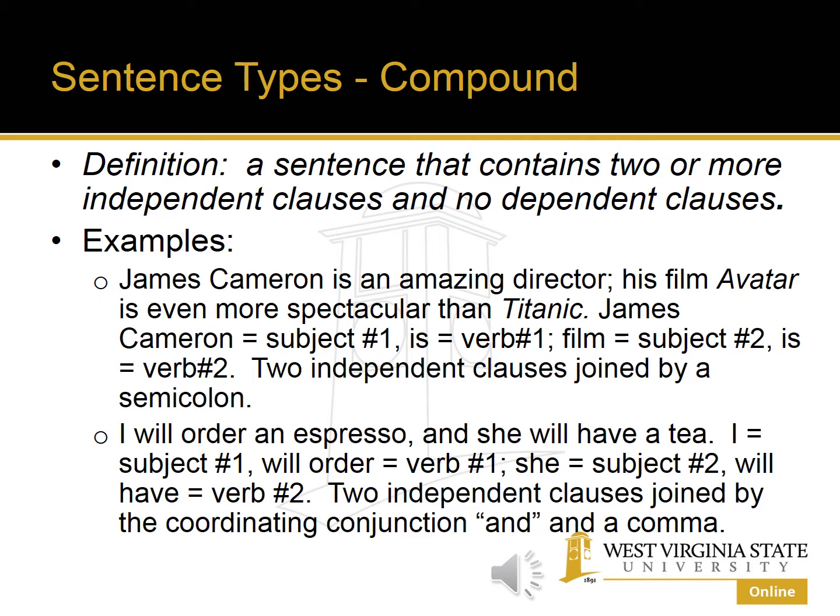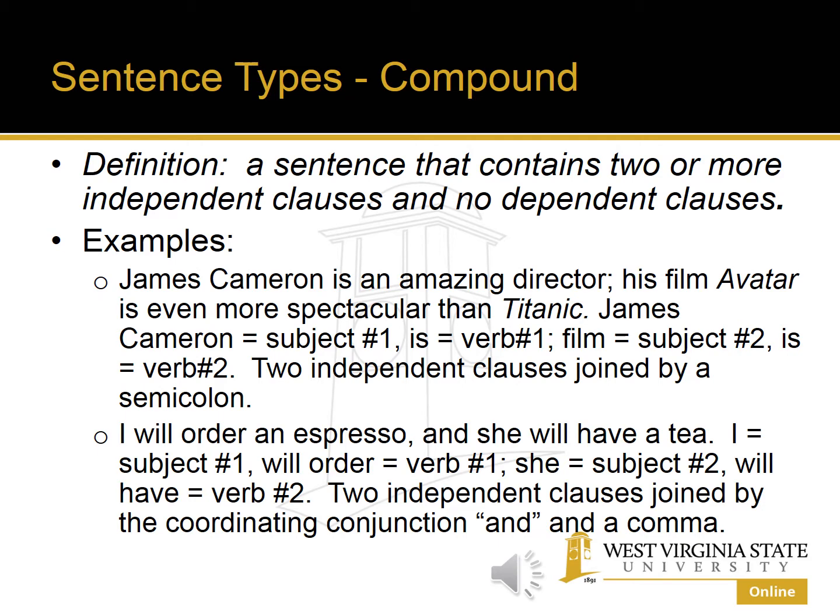Another way to create a compound sentence is to join two simple sentences, two independent clauses, with a coordinating conjunction, one of the FANBOYS, together with a comma. So we have an example here. I will order an espresso, and she will have a tea. In this sentence, we have two simple sentences, two independent clauses that are combined with a comma and a coordinating conjunction.